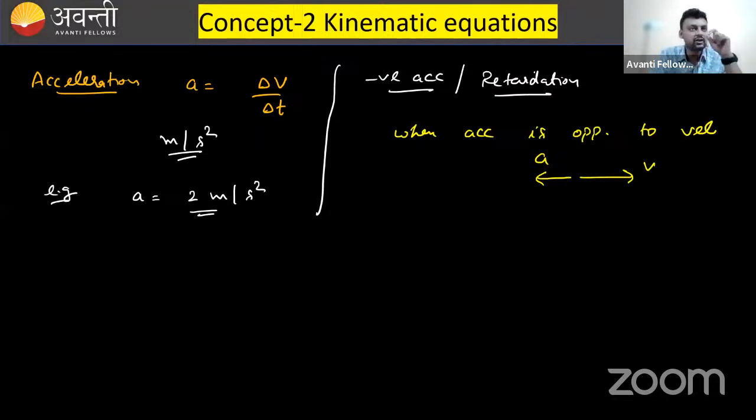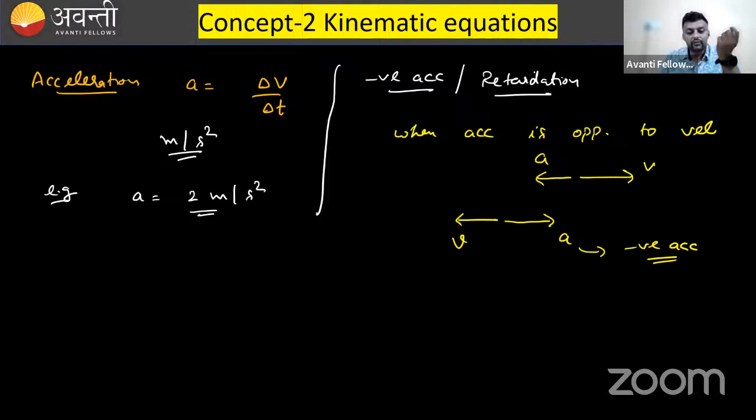It's not like acceleration should always be in the left direction. For example, if the particle is moving in the left direction and its acceleration is in the right direction, this is also a negative acceleration, or you can say retardation.